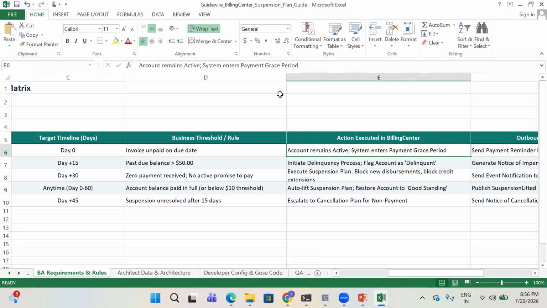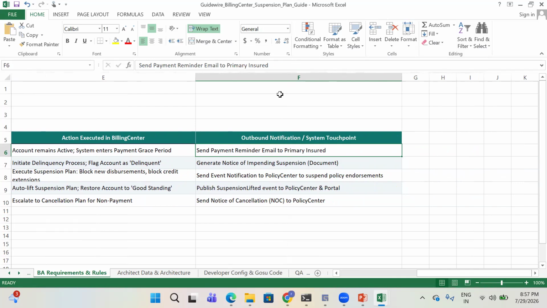For example, once any due date is crossed, the grace period, which is nothing but delinquency as we call it, begins. They have given 4 weeks of time, equivalent to 1 month, within which the customer has to pay. Till then the account remains active, but the benefits or coverages cannot be used. So this is the action executed in the billing center.